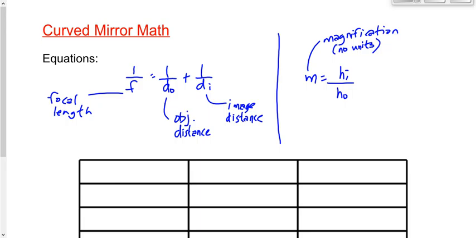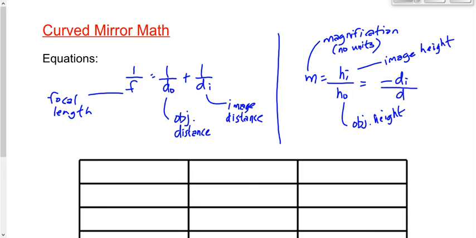M equals hi over ho. hi stands for the height of the image. We can use whatever units we want as long as we're consistent through the question. Usually it's going to be centimeters. But that's also equal to negative, and it's important to put this negative in here, negative di over dO.